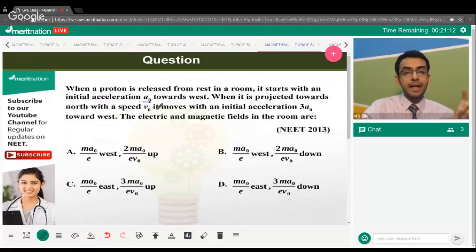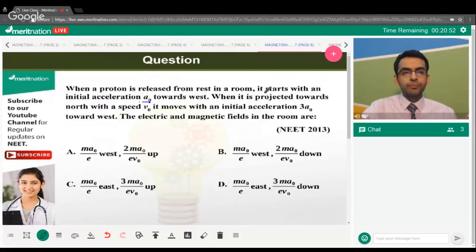The electric and magnetic field in the room are? The first thing to understand is magnetic field can never apply force when the charge is at rest. The charge has to be in motion for the magnetic field to apply force on it.